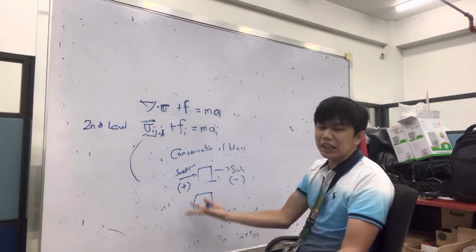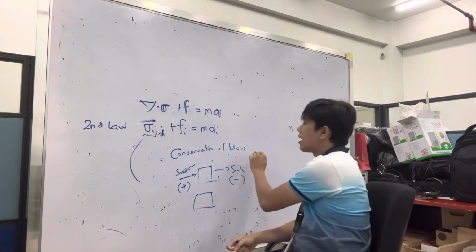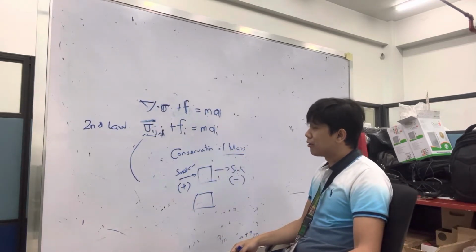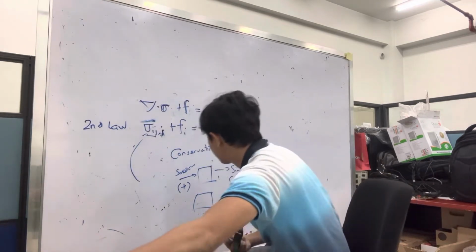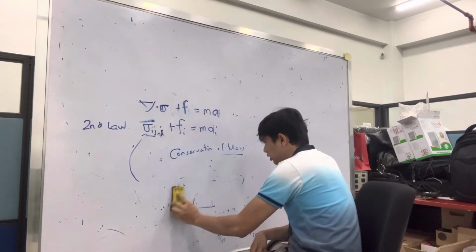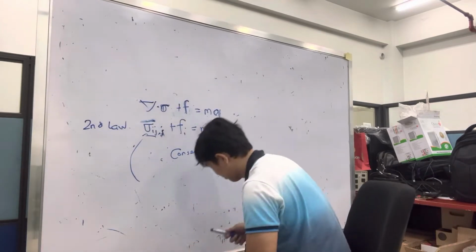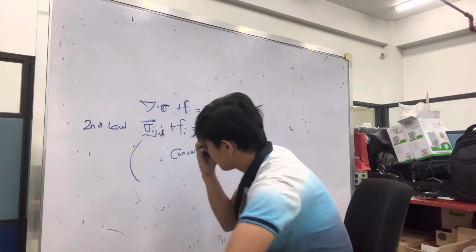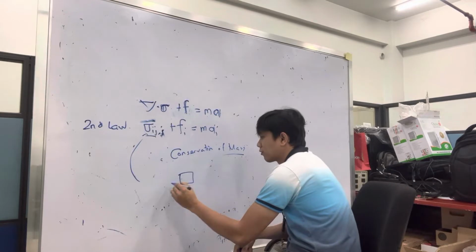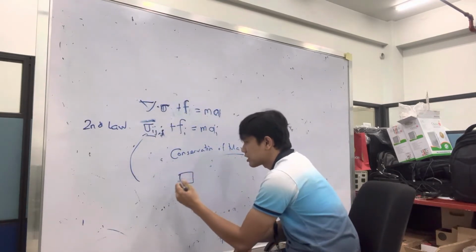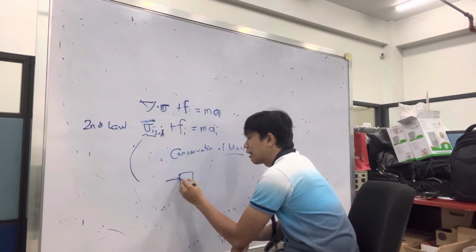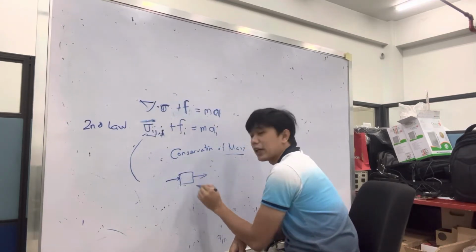So whether particles yan, whether mass, whether volume ng water, or in this case velocity. So what flows, given na incompressible yung fluid, so walang pagbabago dun sa density niya, whatever flows in is equal to whatever flows out.